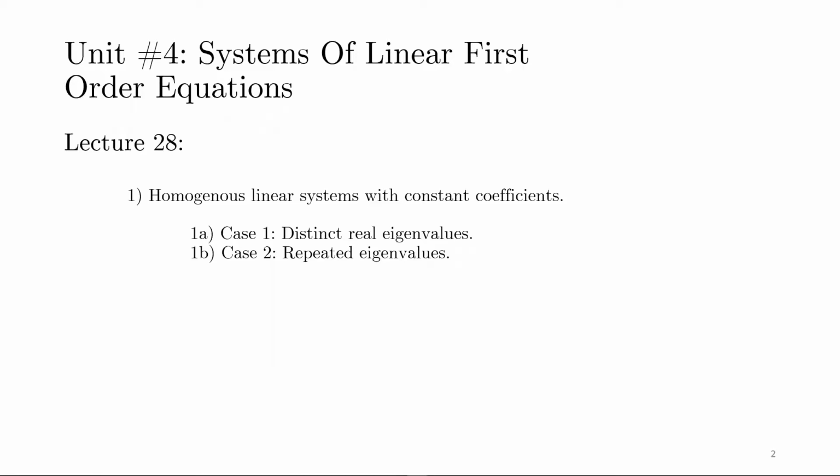But now we're going to learn how we actually find that complementary solution for homogeneous linear systems with constant coefficients. Again, in the same way as in Unit 2, there are three cases. Today we're going to get through two of those cases, or at least most of two of those cases.